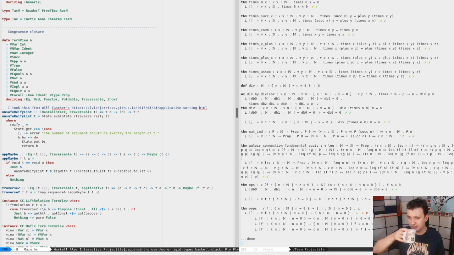So I started making a refactoring or a change that is absolutely necessary for quotient types. I mean, it's not necessary, but it's my design for quotient types.